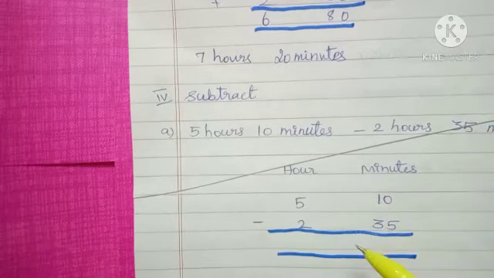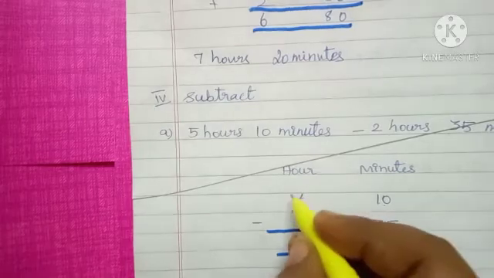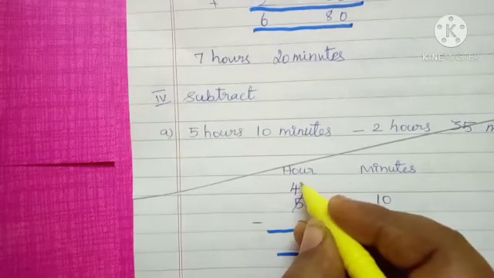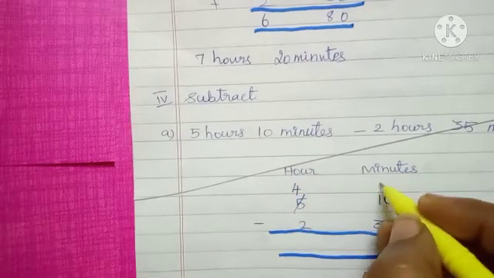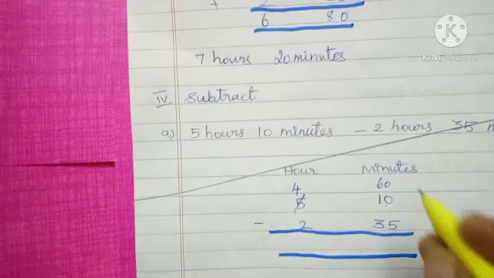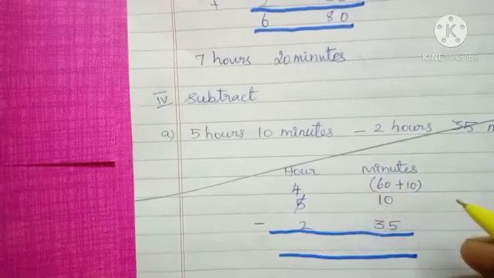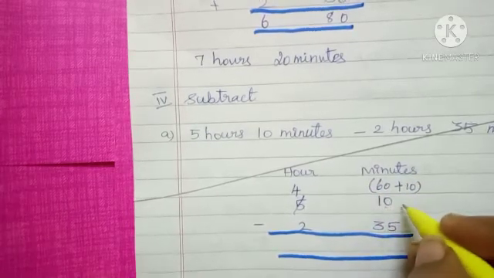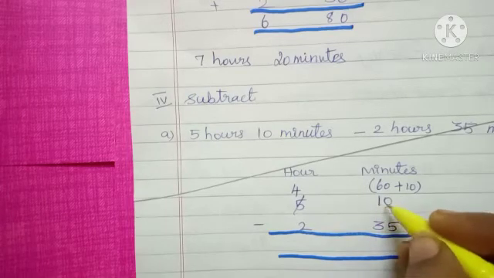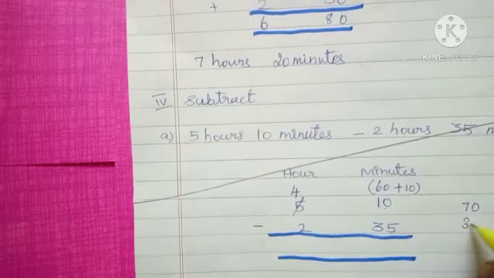Ready to do now. 10 minutes subtract 35 minutes is not possible. So hours converted now to 4 hours. So 1 hour is converted now to 60 minutes. 1 hour equal to 60 minutes. So 60 plus 10 minutes you added and get now 70 minutes. 70 subtract 35.